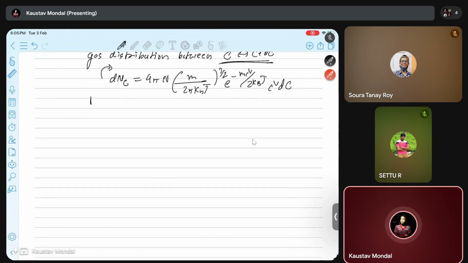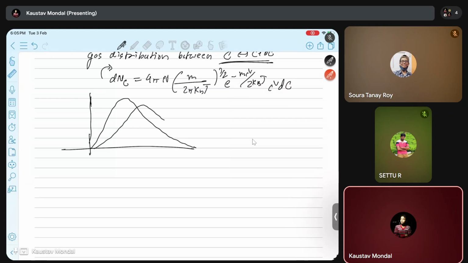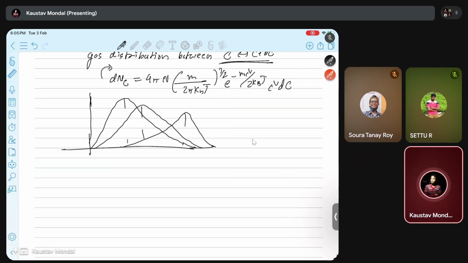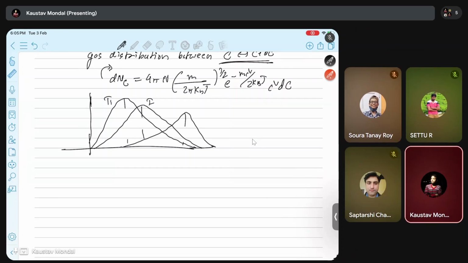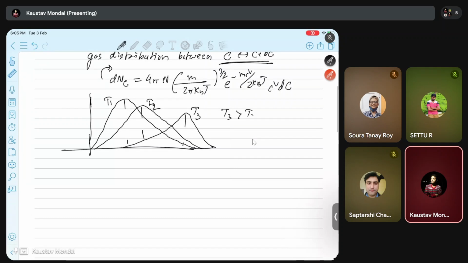So if you plot the distribution for different temperatures, it will look like this. These are the temperatures T1, T2 and T3, where T3 is the highest, so T3 is greater than T2, greater than T1.